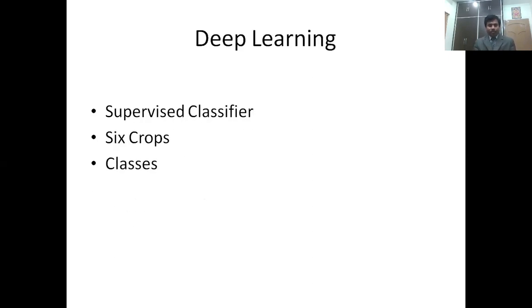So the next one is the type of deep learning technique that we have employed, an LSTM, or long short-term memory, as a supervised classifier, which processes 6 crops: wheat, rice, maize, barley, sugarcane, and cotton seeds. All the 6 crops were identified, and the corresponding diseases are identified.